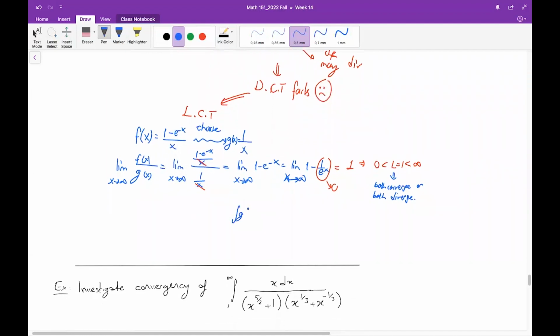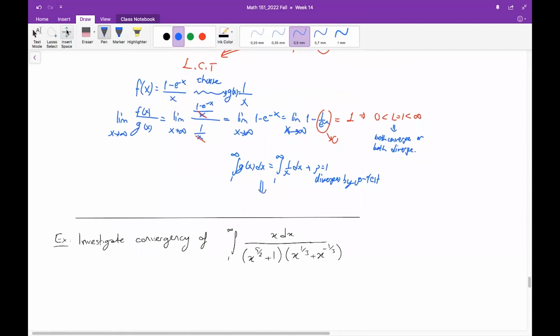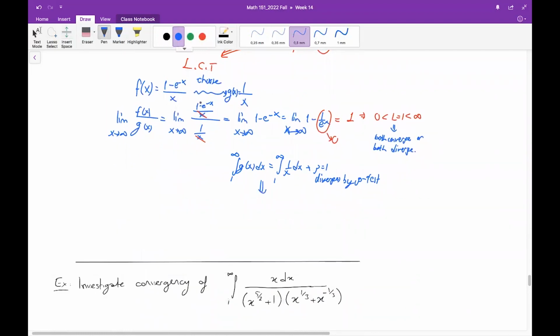So let's look at the integral of g of x dx. Is it convergent or divergent? As p equals 1, it diverges by the p-test, as we indicated above. So the function f of x will also diverge by the limit comparison test, because we obtained a limit between 0 and infinity, and this means that they both converge or both diverge.